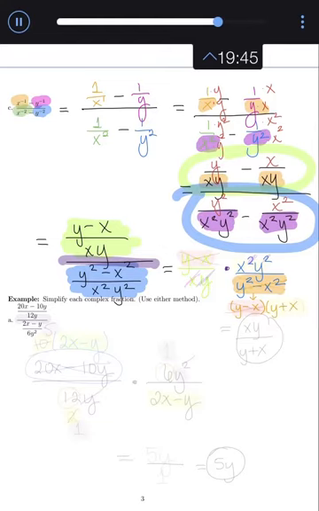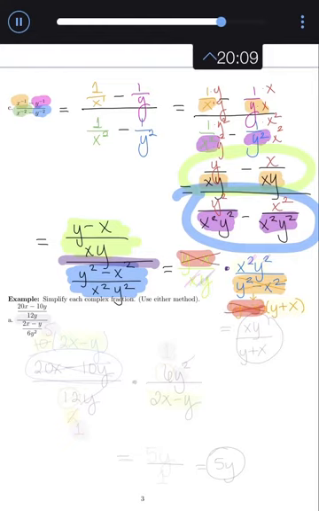So we could just replace the y squared minus x squared with the y minus x and y plus x. Then the question would be, does anything cancel? Notice you'd have a y minus x and another y minus x on the top and the bottom, so those two would cancel out.